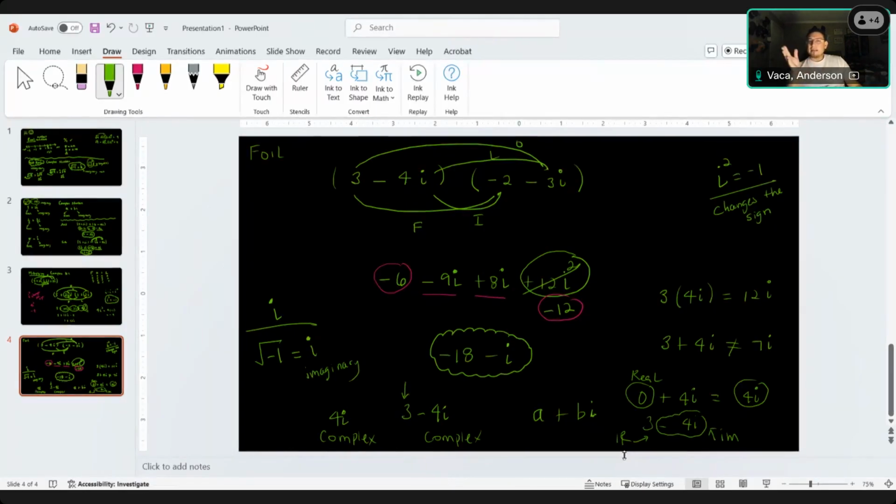Because if not, then I'm going to do division. Alrighty then, I think I'm going to jump into some division and see what it looks like with complex numbers.